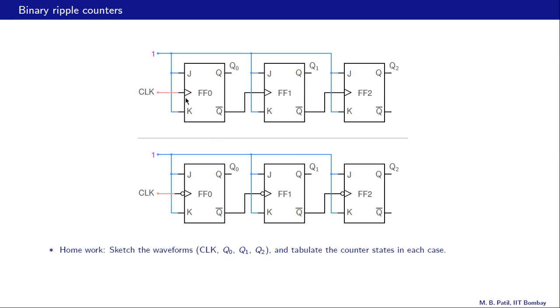So all these are the same as what we have seen earlier. The difference is here: Q bar of the first flip-flop serves as the clock for the second one, and similarly Q bar of the second flip-flop serves as the clock for the third one, and the same thing happens here as well. So work out these waveforms and then you will figure out whether the counter is an up counter or a down counter.